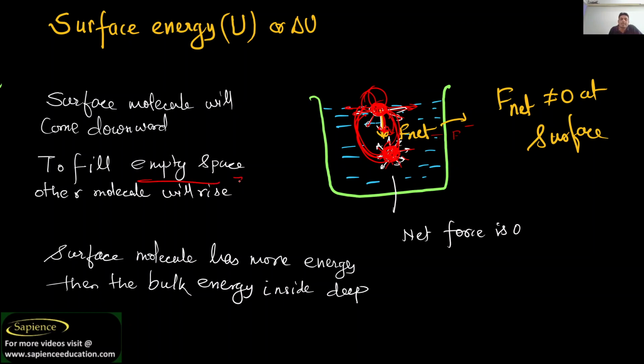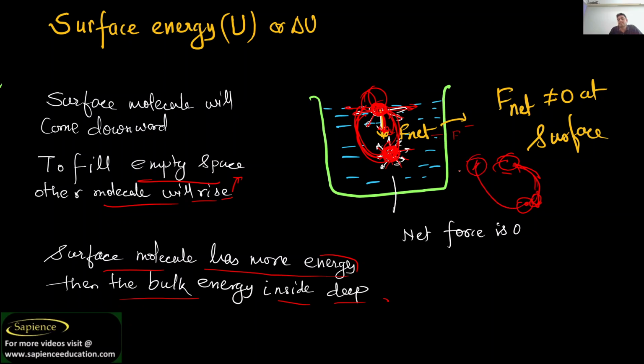To fill the empty space, other molecules will rise, and the surface molecules have more energy than the bulk molecules deep inside. So surface molecules always have more energy. That's why when a surface molecule comes down, the molecule below gains energy from this surface energy and goes up. Every time, this equilibrium is happening.